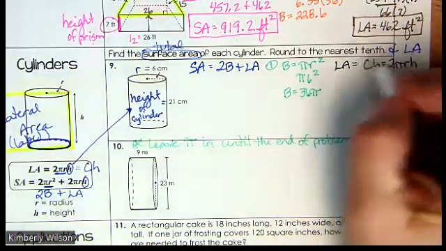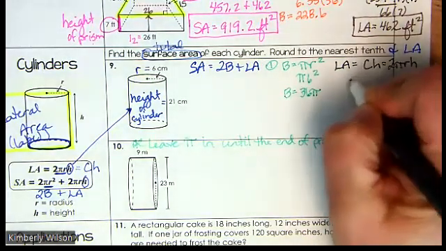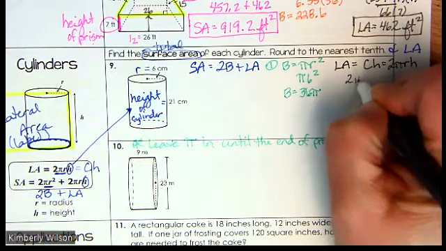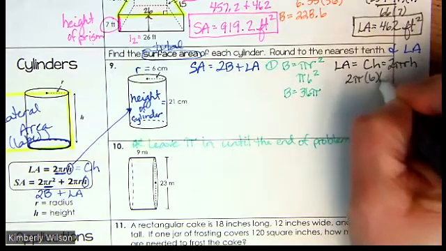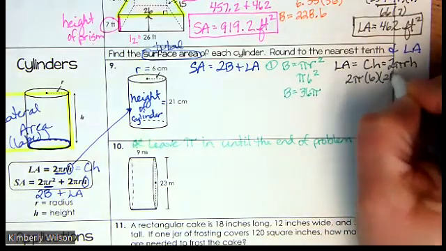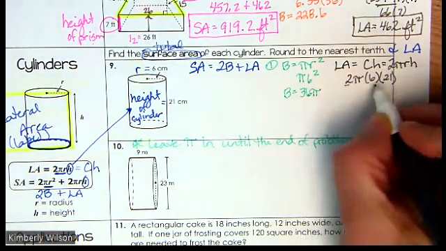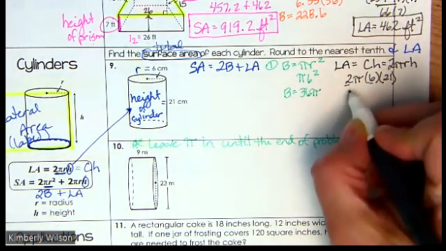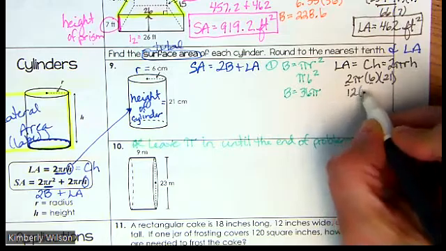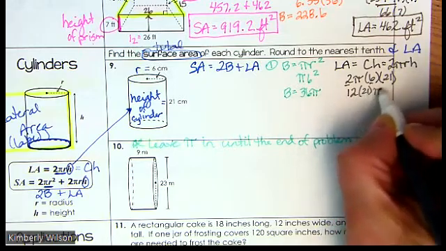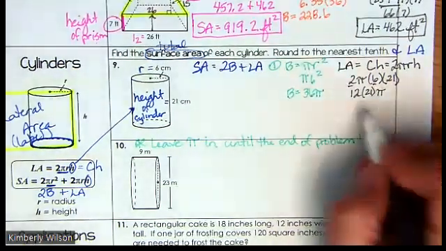All right, so here we go. So I've got 2 pi times 6 times 21. Since it's all multiplication, I'm going to multiply these two together first. So I'm going to have 12 times 21 times pi. And I always write the pi symbol at the end.